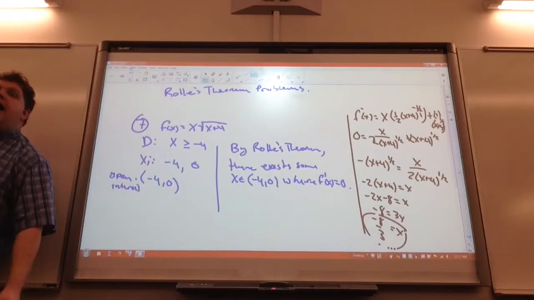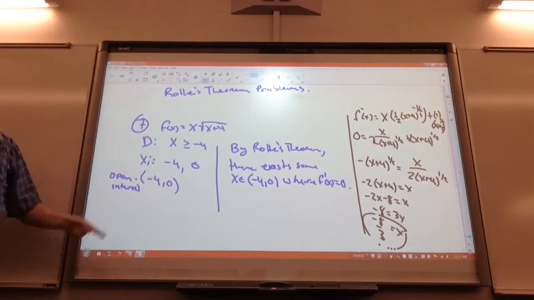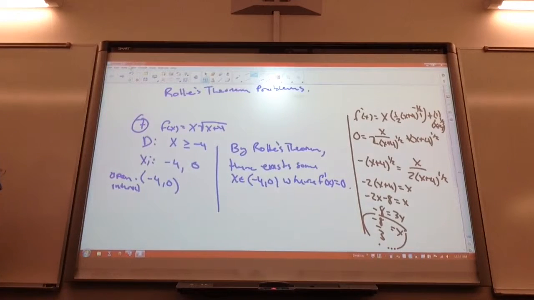Also, note this was way faster ultimately than taking the derivative each time. So if I'm just being asked to confirm the existence of a critical point, but not actually find it, just use Rolle's theorem. It comes out fast every time.